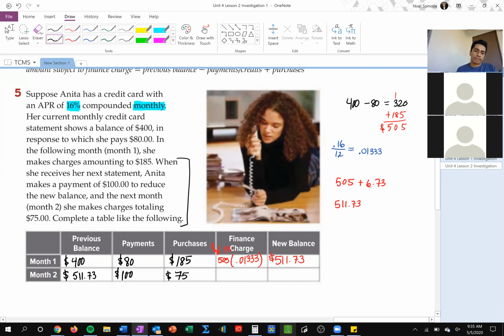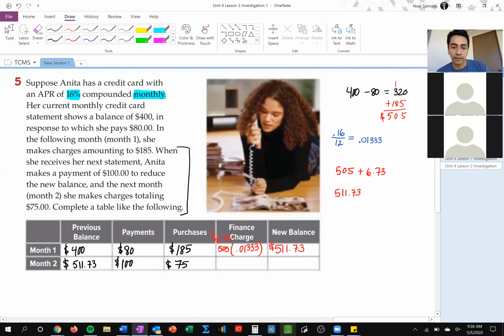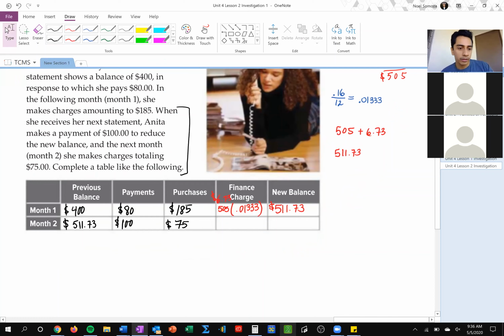Okay. All right, so now we have to calculate a little bit to find out how much money she has to pay a finance charge on. Okay, so if she had $511.73 and she makes a payment of $100, then you can subtract $100 from this. So then that puts you at $411.73.